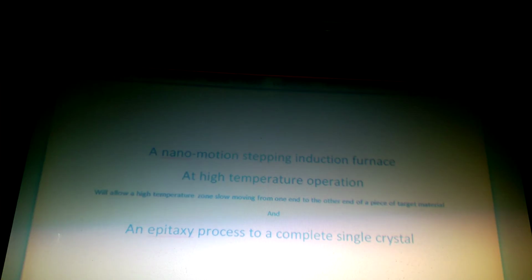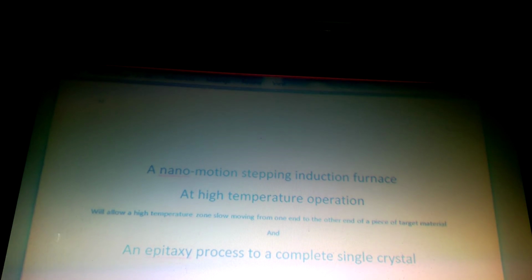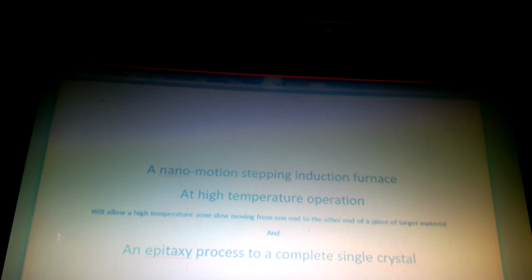At that time I did not find a connection between my application and this approach until I figured out the complete crystal processing. The thinking is a nanomotion stepping induction furnace at high temperature operation. That is, to combine the nanomotion stepping into the induction furnace.